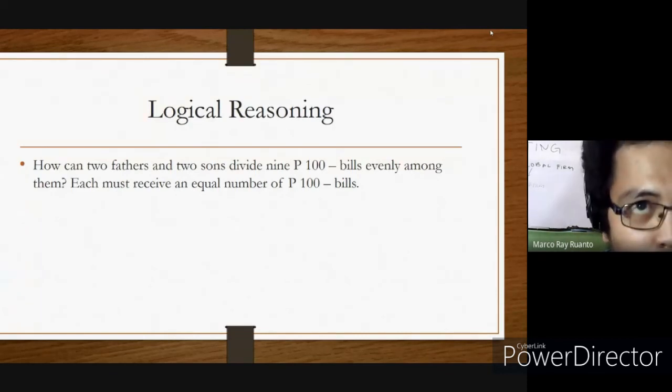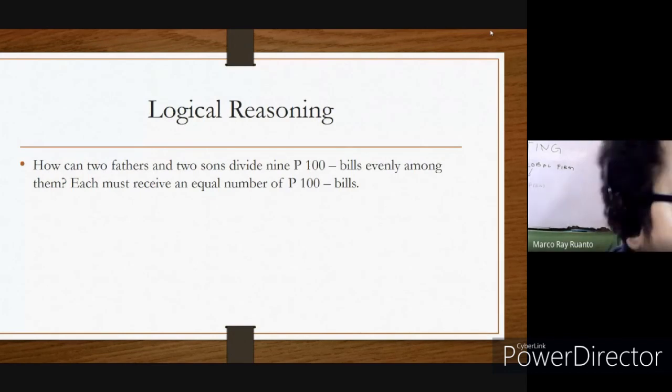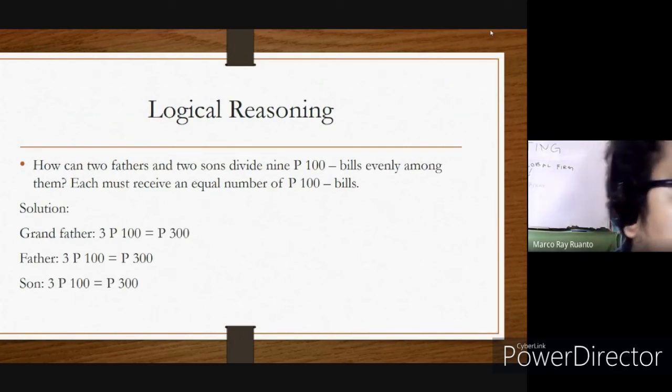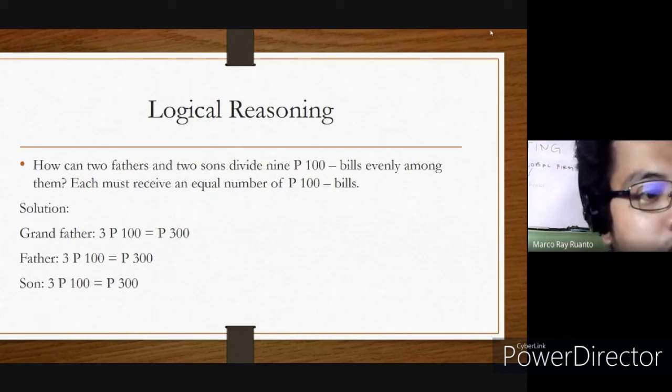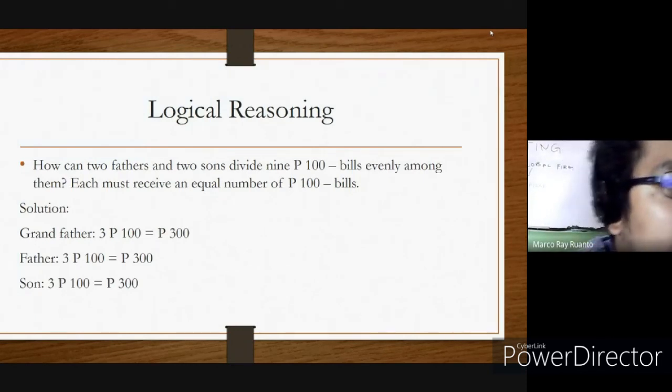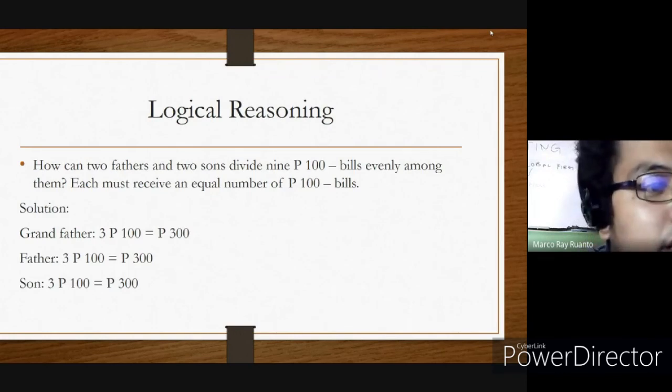We also have two: the father and the son, because the father is the son of the grandfather. So we can arrange it this way: a grandfather, a father and a son. Therefore, each will receive three 100 peso bills, which means each would receive 300 pesos. That will be our answer.